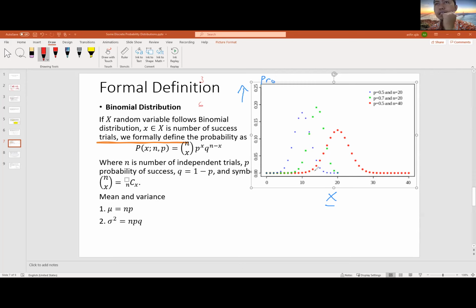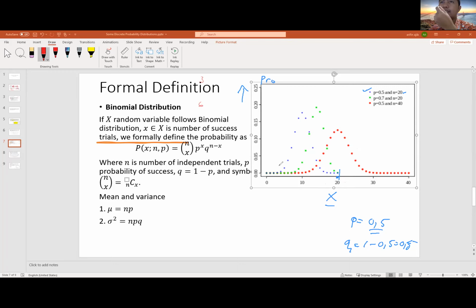Please focus on the blue one. The blue one, the p is 0.5. That's the probability of a success, and the probability of not success is 1 minus 0.5, which is 0.5. Given n equal to 20, the maximum spectrum is only until this point. You can see here the blue one has a maximum until n equal to 20.